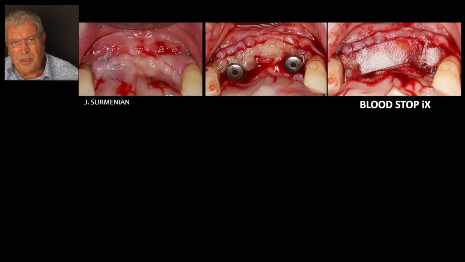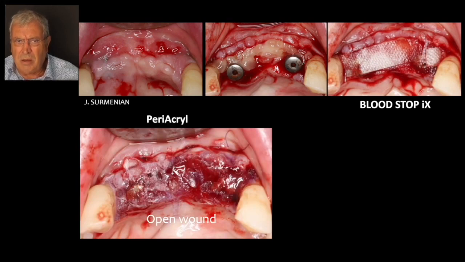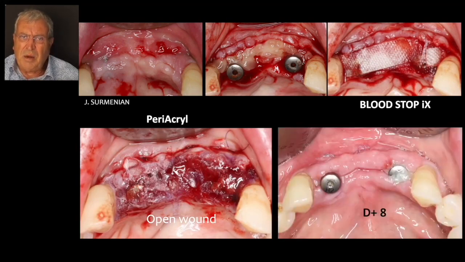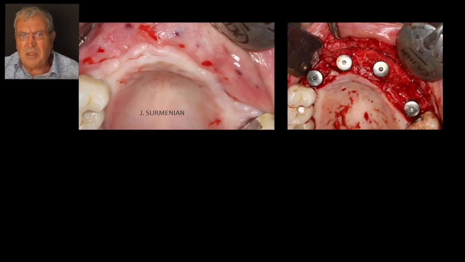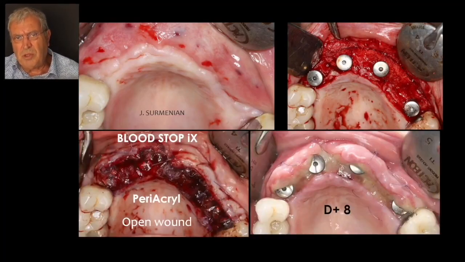The Blood Stop, which has a cellulose sheet, and the Perker, which is an acrylic bonding technique. And then we can increase the soft tissue without a soft tissue graft.